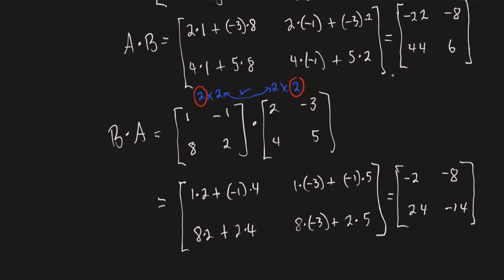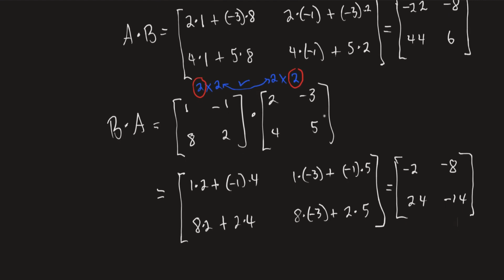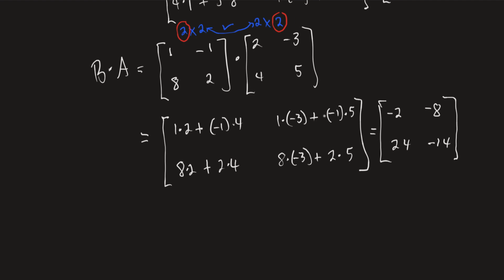And that is shocking because we're always told, oh, the order in which you multiply doesn't matter. Well, for numbers, that's true, but not for matrices. So this is huge. This is earth-shattering. So note, AB is not necessarily BA.